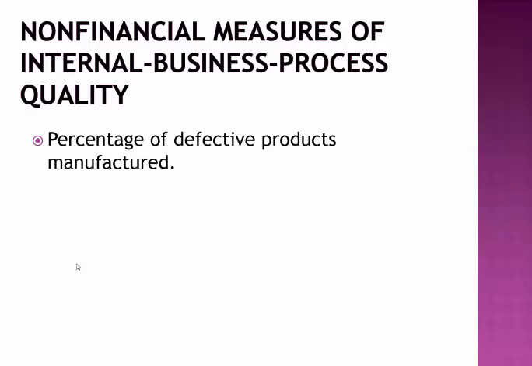But we can routinely use some additional non-financial measures to track the quality improvements that we make. Now, again, some of these you're going to see both here and on those customer perspective slides that I showed you earlier. But percentage of defective products manufactured.